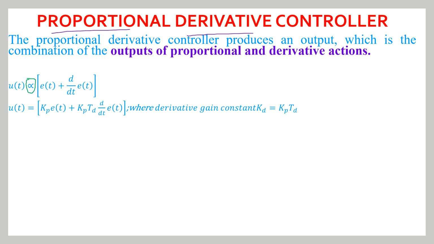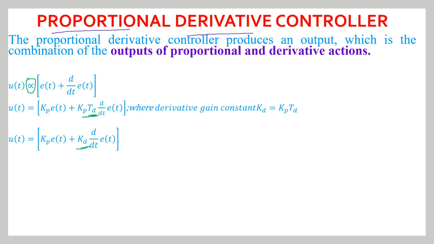The constant for the proportional term is Kp, and as both terms are proportional, we add the Kp constant to both. Since we have the d by dt term also, we add another constant, Kp into Td, where Td is called the derivative time constant and Kp is called the proportional gain constant. So Kp into Td is called the derivative gain constant and is notated as Kd. This term is replaced as Kd here.